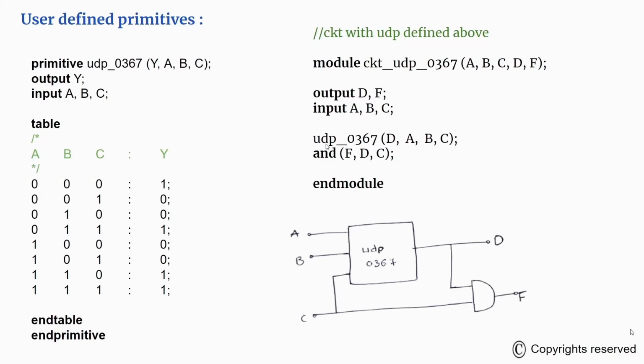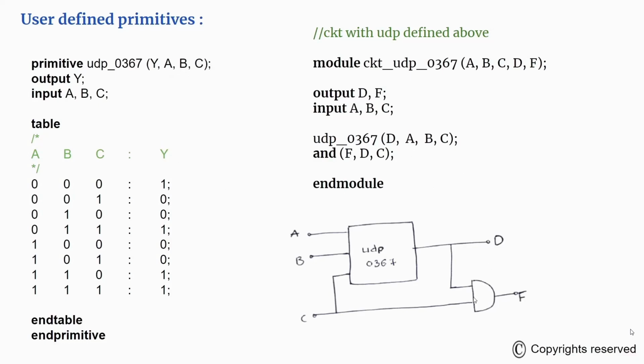I have to use the same name which I gave during its declaration. And the port list here has to match the port list in the declaration, as that is what will be taken in order. So D corresponds to Y, A corresponds to A, B corresponds to B, and C corresponds to C.